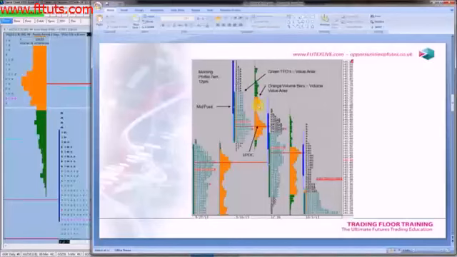I say very recently. It's an evolution in terms of what used to be standard profile. You used to just have the letters, you used to just have the time price opportunity. About 10 years ago, people started adding volume to it.